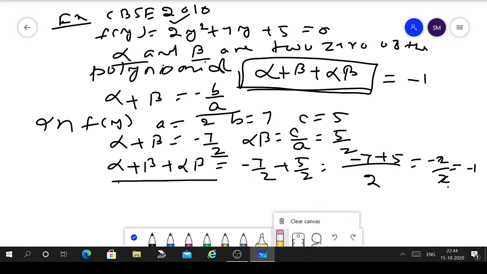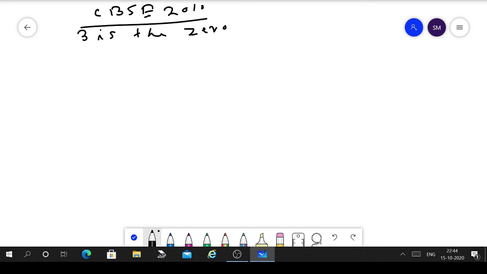Then the next question, another CBSE board question from 2010. In the question, 3 is a zero of the given polynomial.